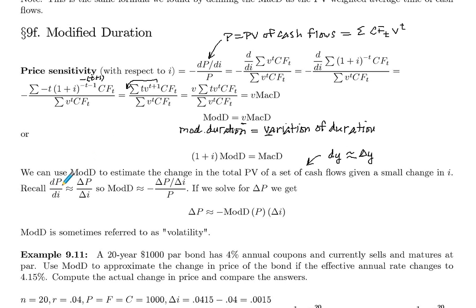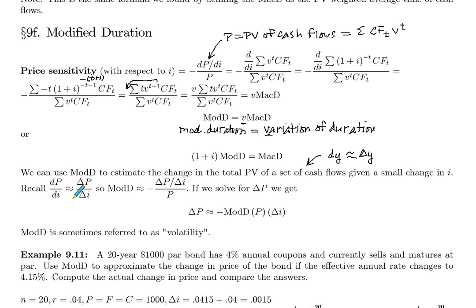So, okay, well, remember here that dP/di, the derivative of P with respect to i, is a limit. It's actually the limit of this quantity, change in P over change in i, as the change in i goes to 0. Okay, that's what derivatives are. They're limits of average rates of change.